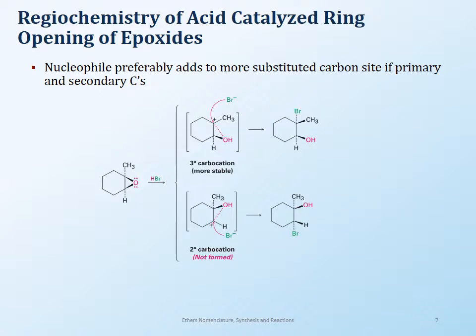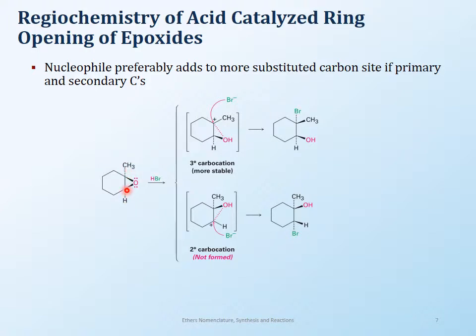One other thing to note about the ring opening: we talked about ring opening as far as giving trans products, which is anti diols or anti nucleophile and alcohol. But what if you have an asymmetric epoxide? For example, if you have an epoxide like this, where one carbon is secondary and the other one is tertiary.